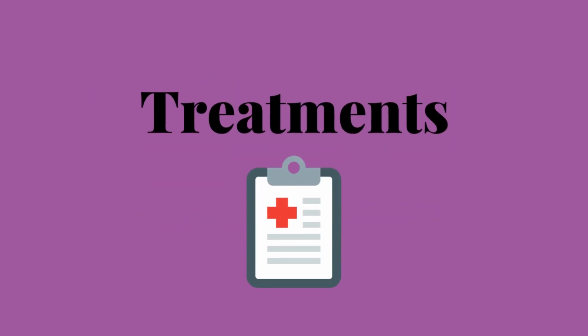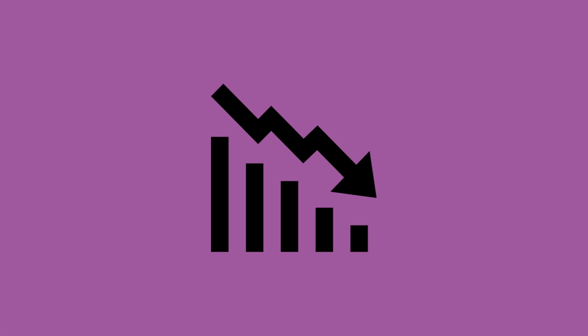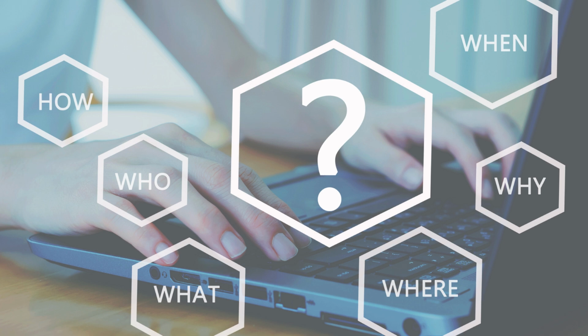Next, let's talk about treatments for pain. Treatment falls into 2 general categories: drug treatments and non-drug treatments. The goal of these treatments is to decrease and hopefully eliminate the patient's pain while also discovering and addressing the root cause of their pain so they can have ongoing relief moving forward if at all possible.